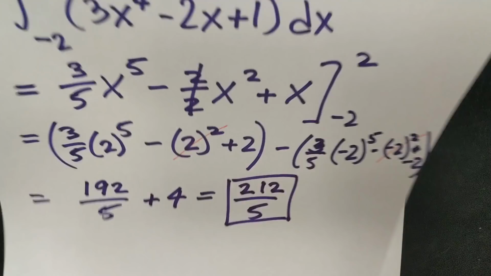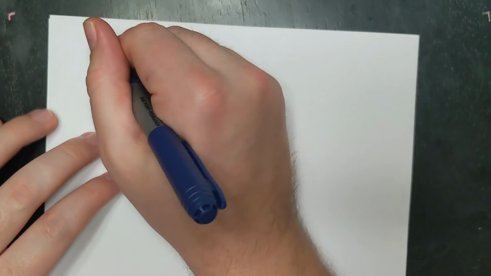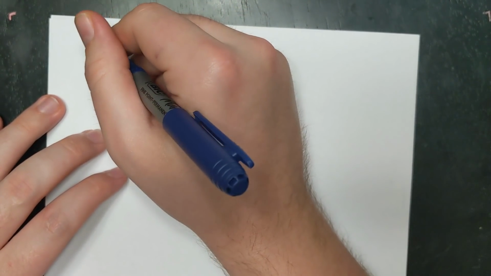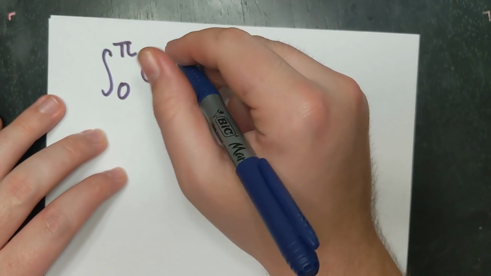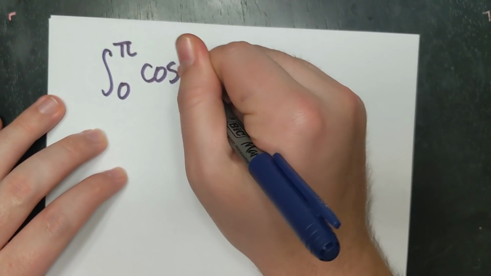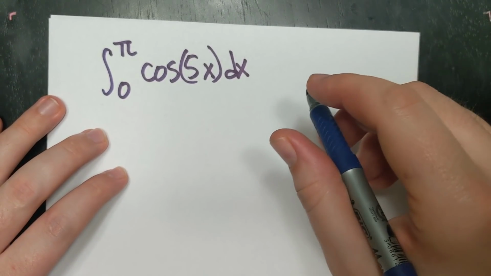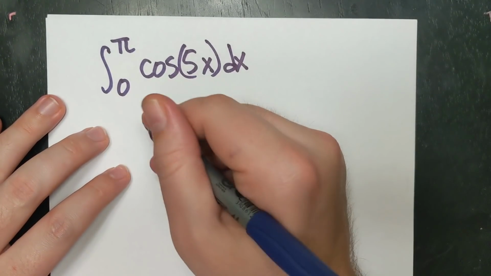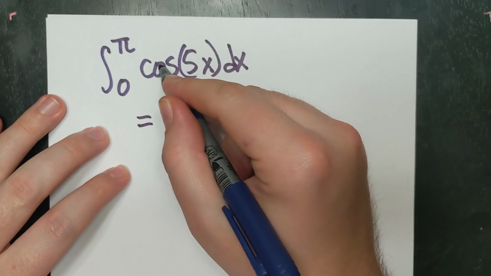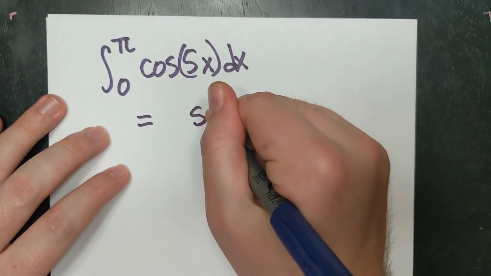The next integral asks us to solve what is the antiderivative from 0 to pi of cosine of 5x dx. So there's a couple ways you might think you want to do this. The way I like to tell the story is I say, well, cosine is the derivative of sine.